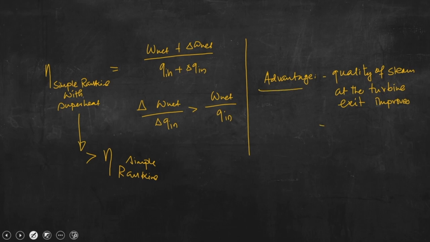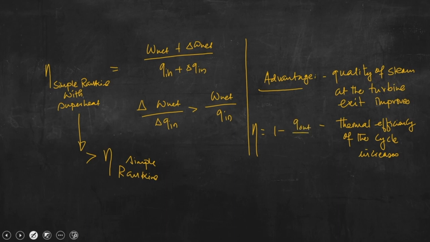Number 2 is that the thermal efficiency of the cycle increases. Let me write here, that is, 1 minus Q out divided by Q in. As I told you, this also increases.